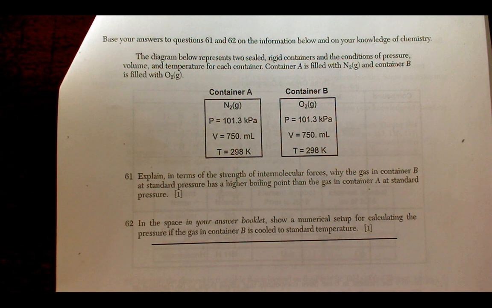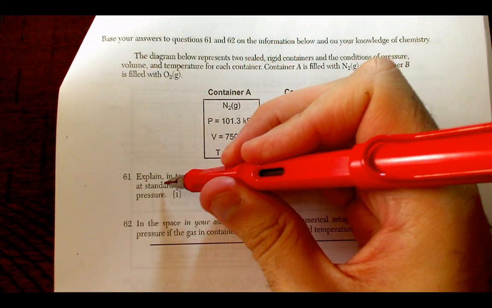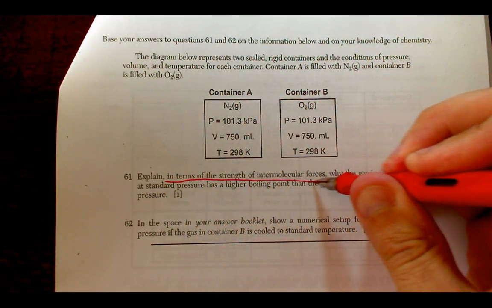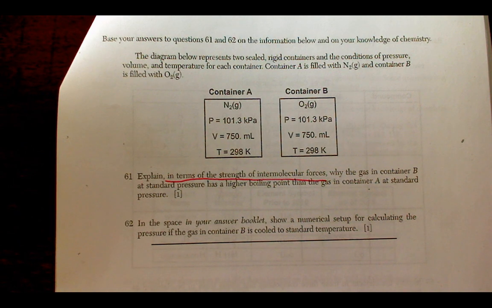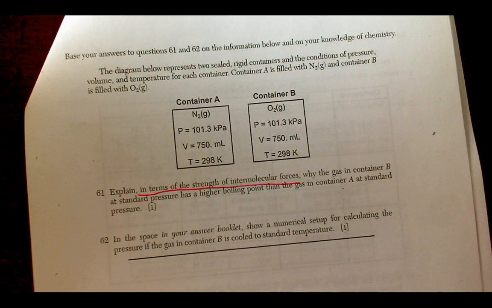So state in terms of strength of intermolecular forces why the gas in container B has a higher boiling point than the gas in container A. So you need to get container B's gas hotter, give it more energy to make it become a gas from the liquid phase.